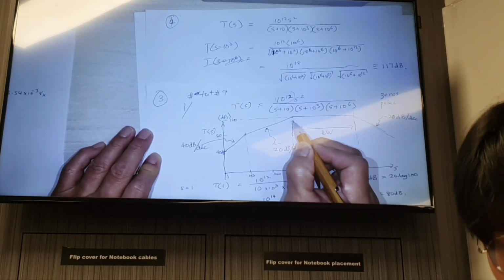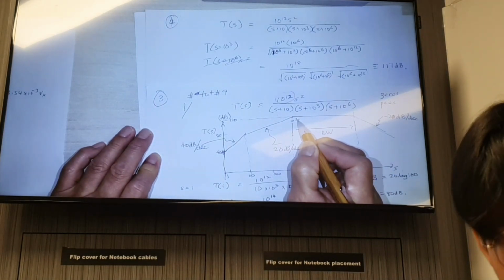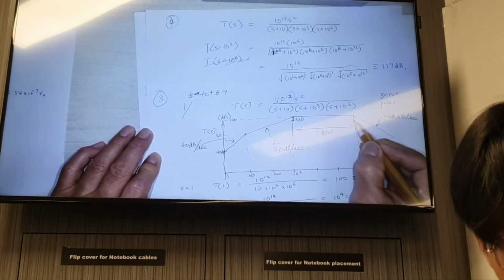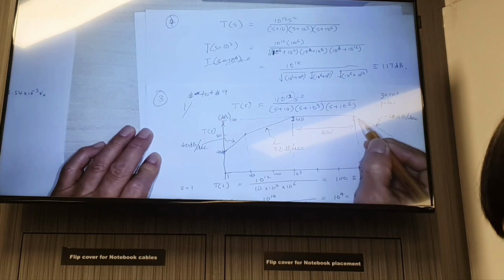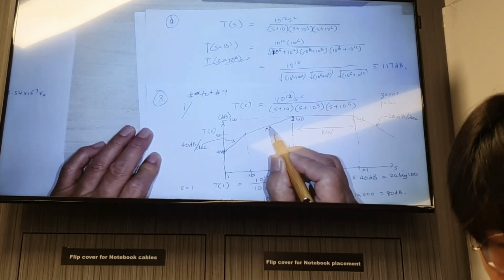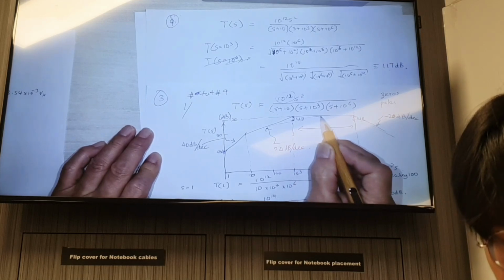So that means to say it will drop by 3 dB, and therefore this curve will sort of taper.